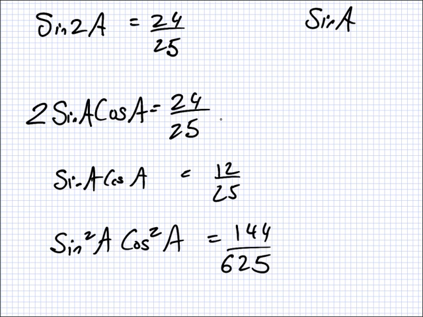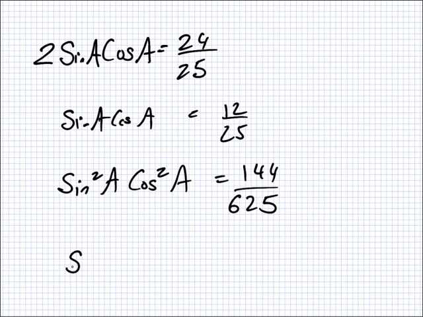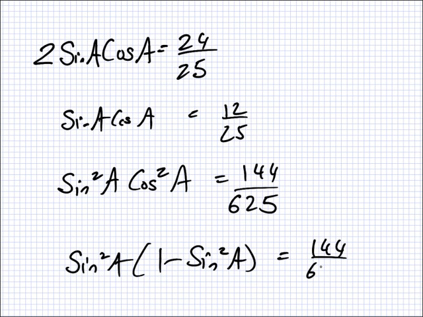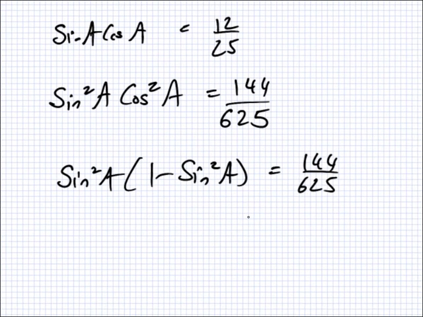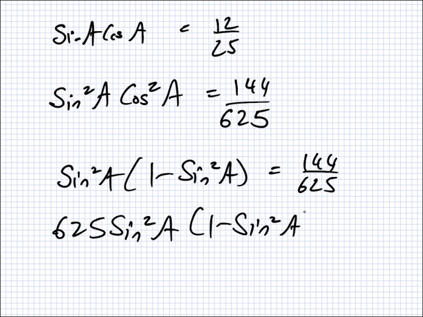Okay. And then cos squared A can be changed into 1 minus sine squared A. So sine squared A times 1 minus sine squared A is equal to 144 over 625. Now I'll have to cross multiply: 625 sine squared A times 1 minus sine squared A equals 144.